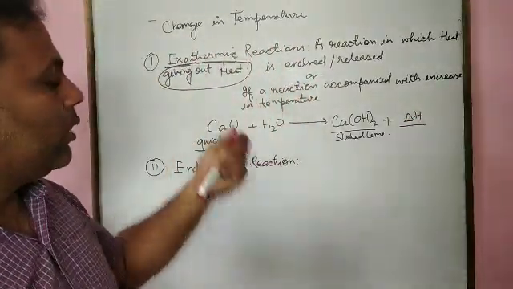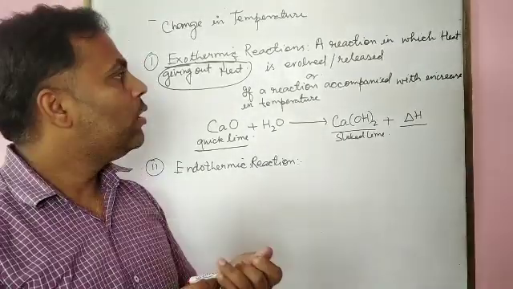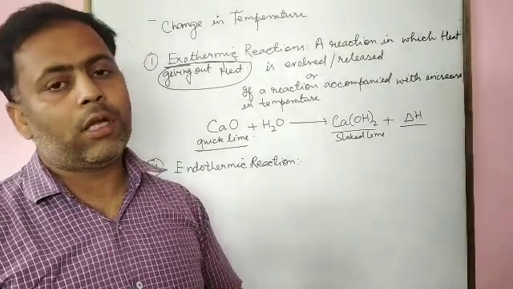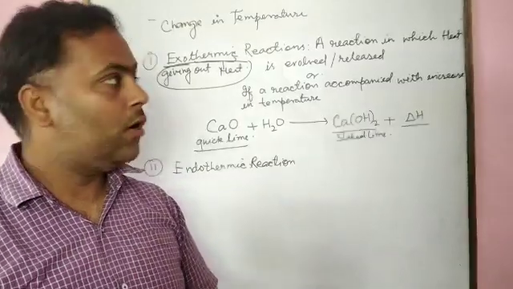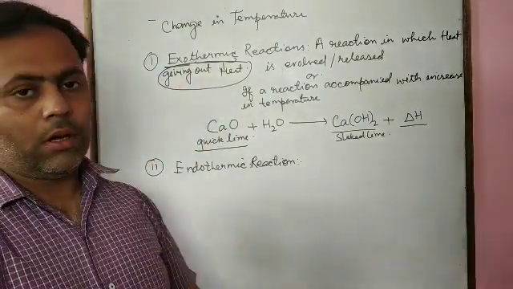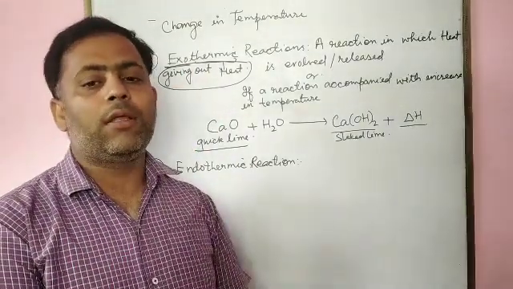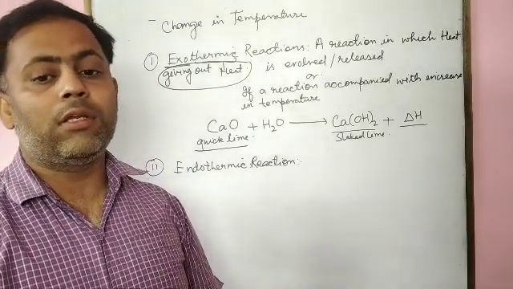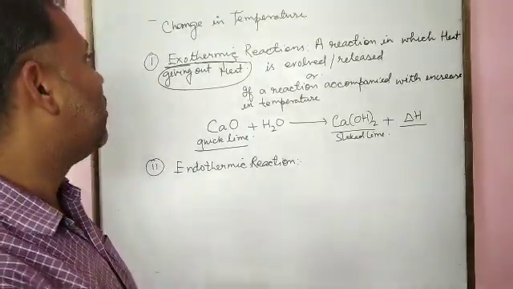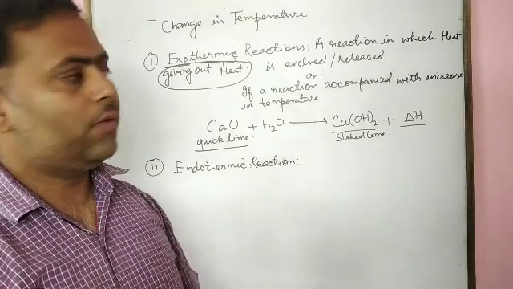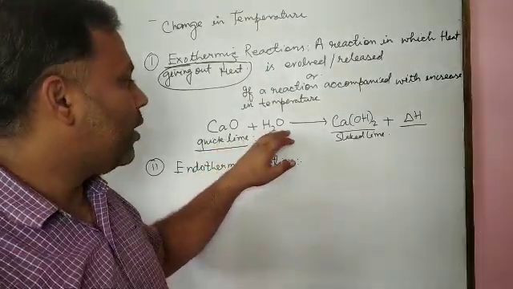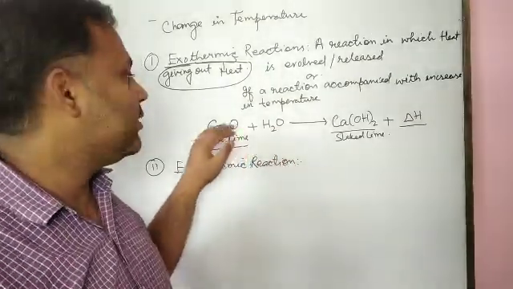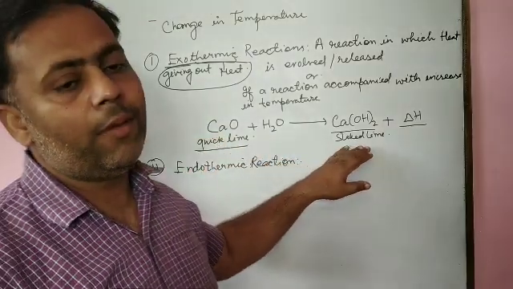In an exothermic reaction, heat is released. If during a chemical reaction heat is evolved, or if the reaction is accompanied with an increase in temperature, then it is termed as an exothermic reaction.